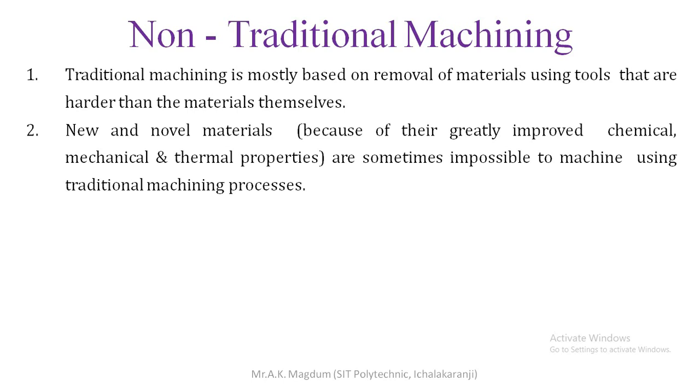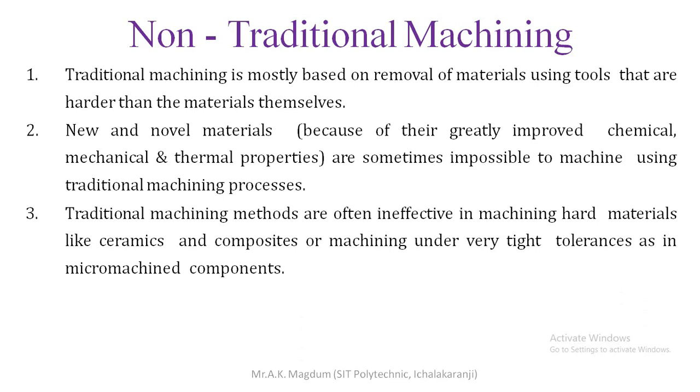So that is actually the limitation of traditional machining. Whatever the limitations of traditional machining, those limitations are overcome under non-traditional machining. That's why non-traditional machining is nowadays very useful for novel materials or newly prepared composite materials.